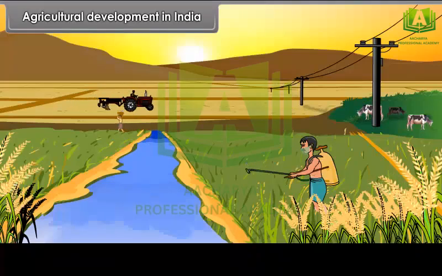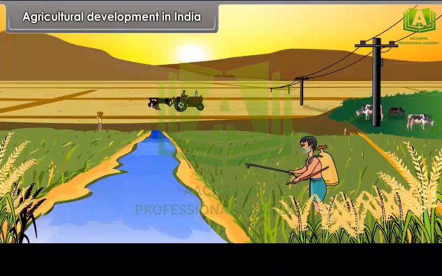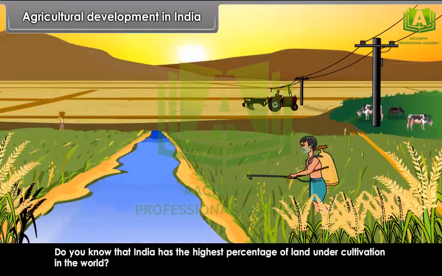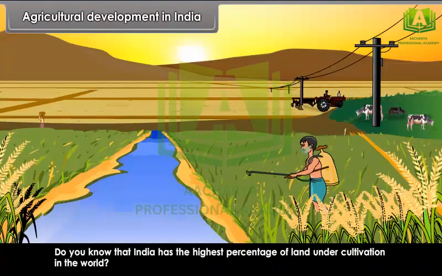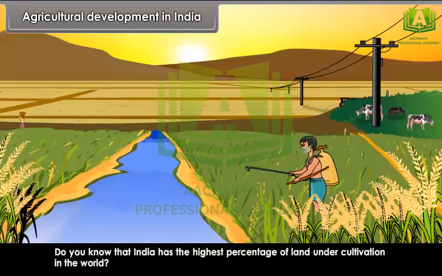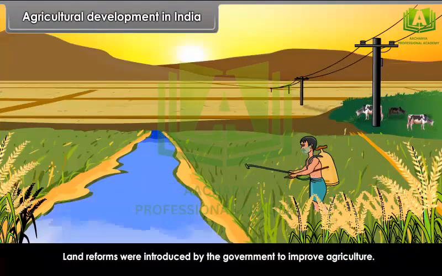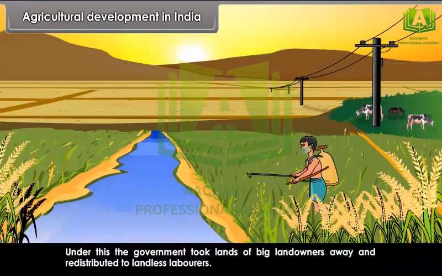Agricultural development in India. Do you know that India has the highest percentage of land under cultivation in the world? Land reforms were introduced by the government to improve agriculture. Under this, the government took lands of big landowners away and redistributed them to landless laborers.